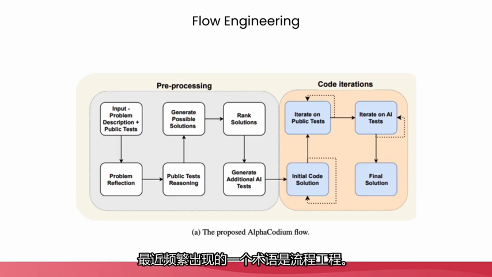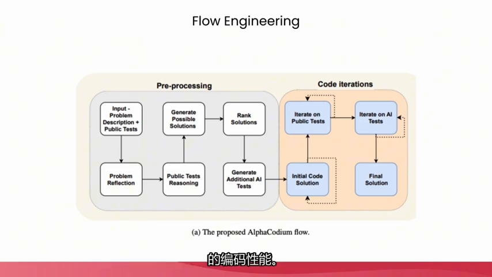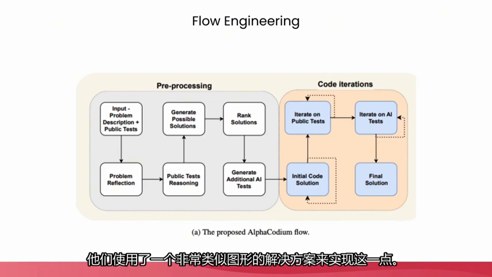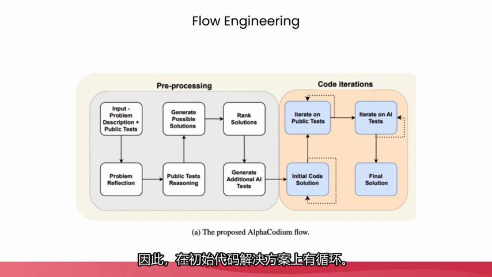One term that's popped up a bunch recently is flow engineering. This comes from an AlphaCodium paper where they achieve state-of-the-art coding performance, and they do it with a very graphical-like solution like this. And so looking at it, you can see that it's basically a pipeline, but there are a few key nodes where there's actually a loop. So there's loops on the initial code solution, there's loops when you iterate on public tests, and there's loops when you iterate on AI tests.